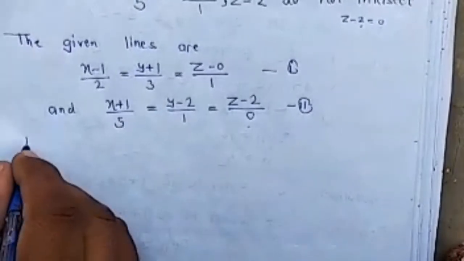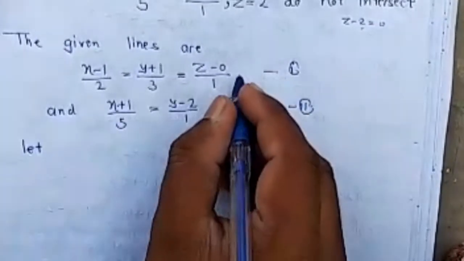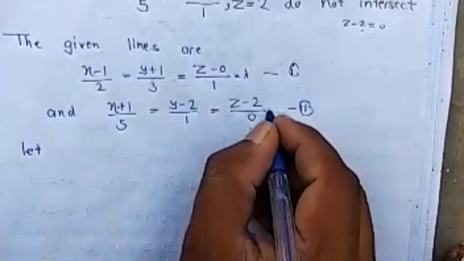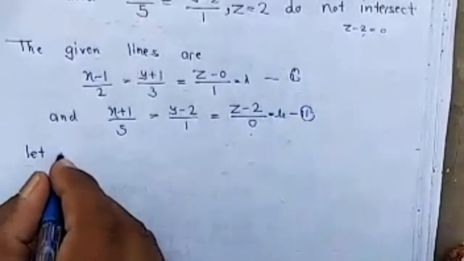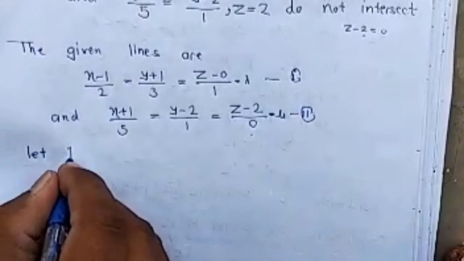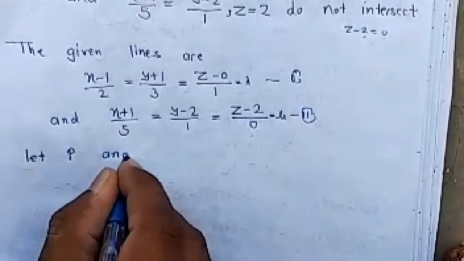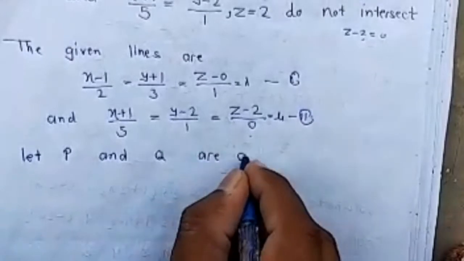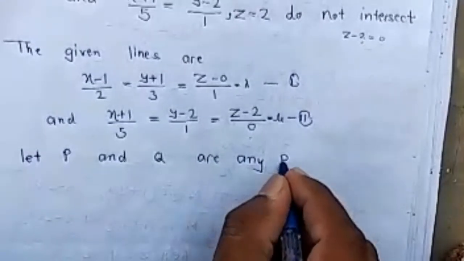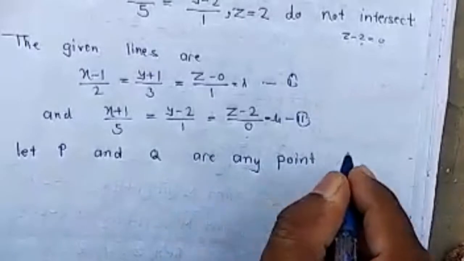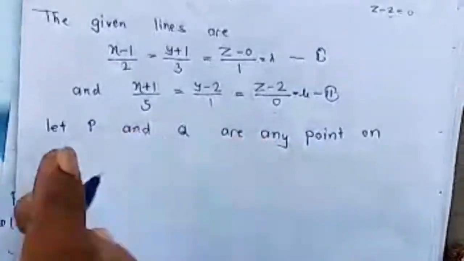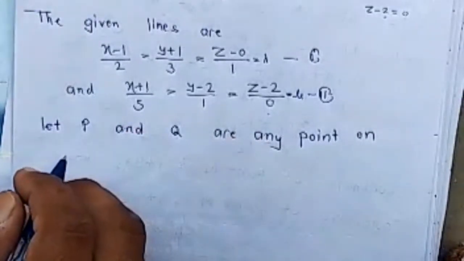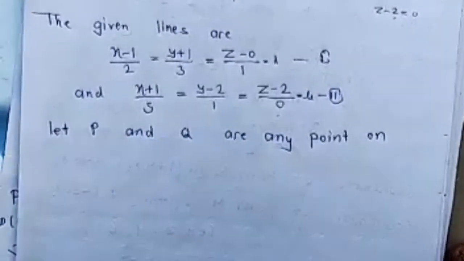Let the first ratio be equal to lambda and the second be equal to mu. Let P and Q be any points on line 1 and line 2.